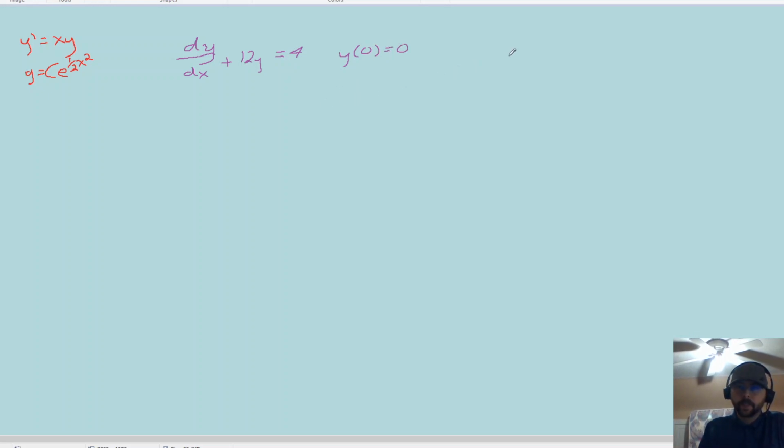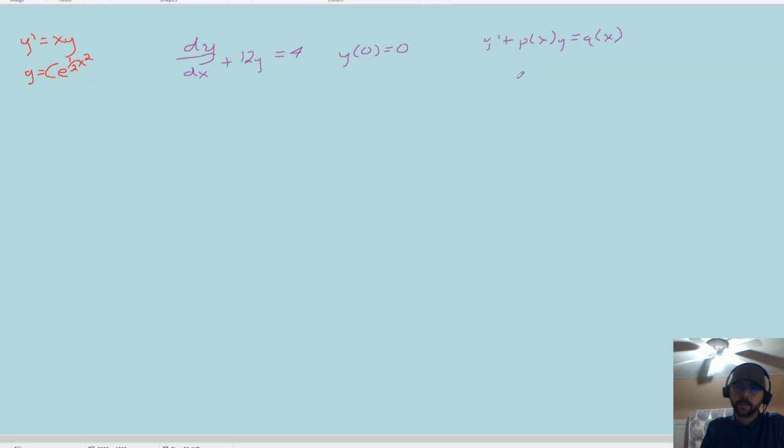Now, the integrating factor: this is already written in the form that I had described earlier. The form would be the derivative of y plus p of x times y equals q of x.